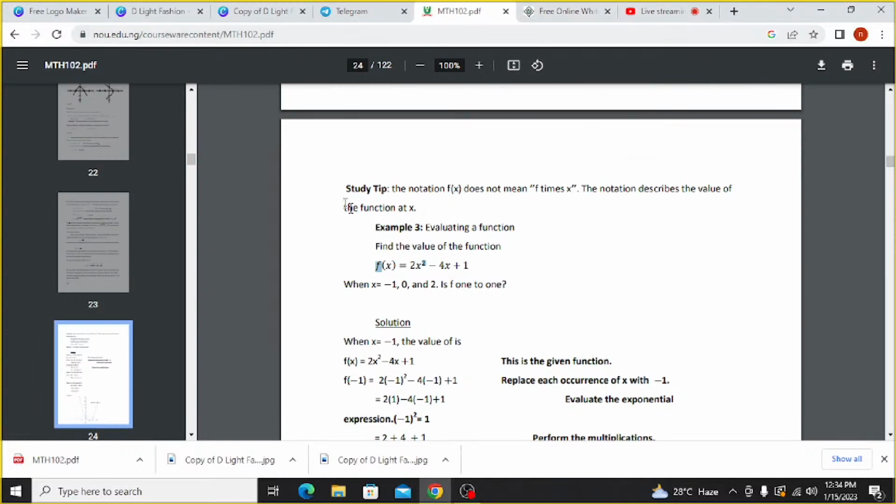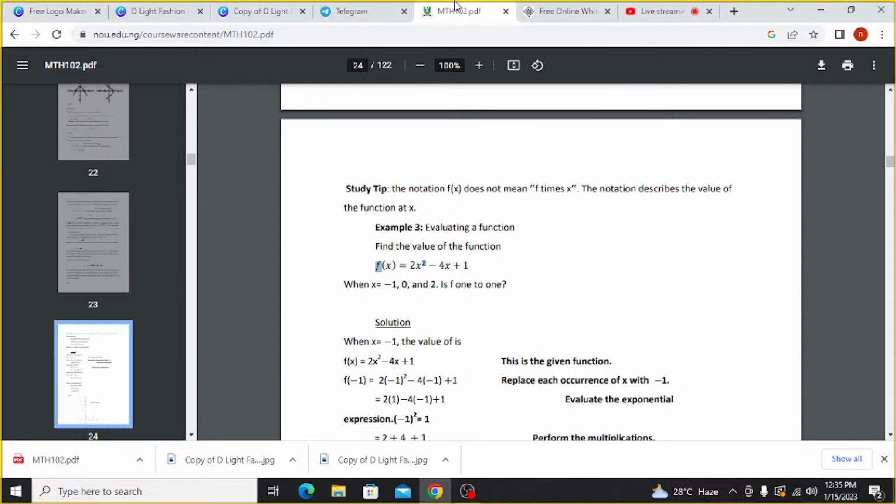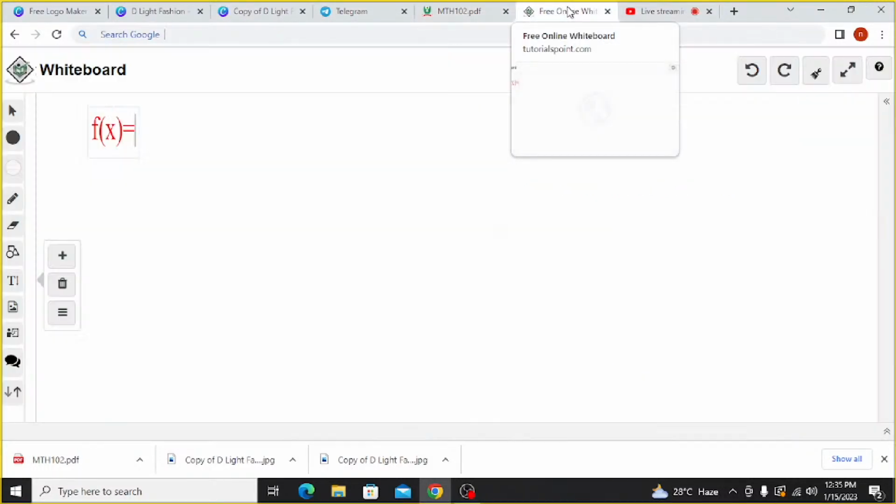Our f of x is equal to 2x² minus 4x plus 1.